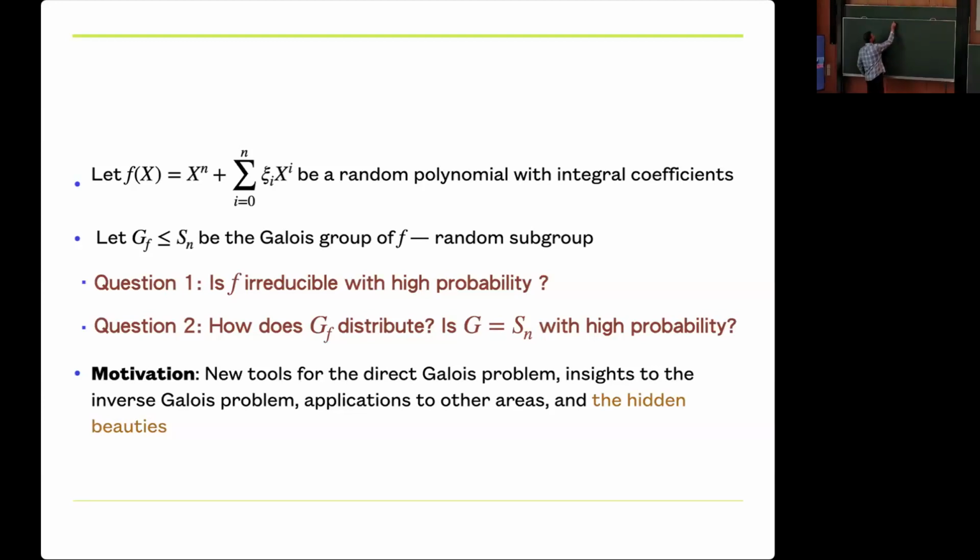Question number one is how f factors, what is the distribution of the factorization, but let me write it in a more naive way: is f irreducible with high probability? Of course, it depends on the model, and in the model I will always have at least one parameter that grows, so it will be an asymptotic question.